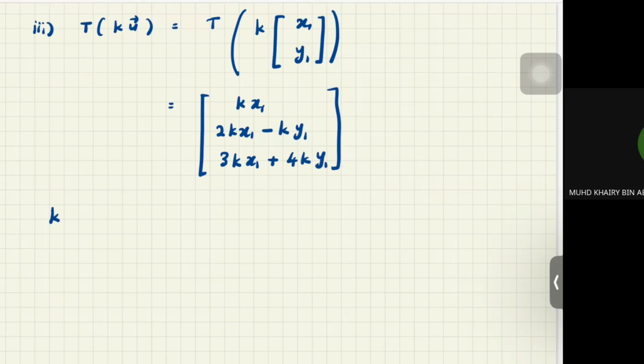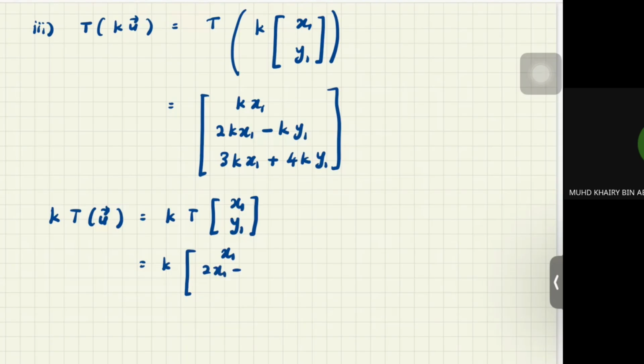So kT(u) is equal to kT(x1, y1). This is equal to k times (x1, 2x1 minus y1, 3x1 plus 4y1). And then when you multiply, you will get the same as the previous one here.